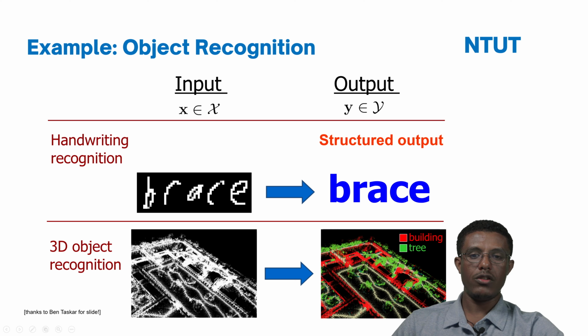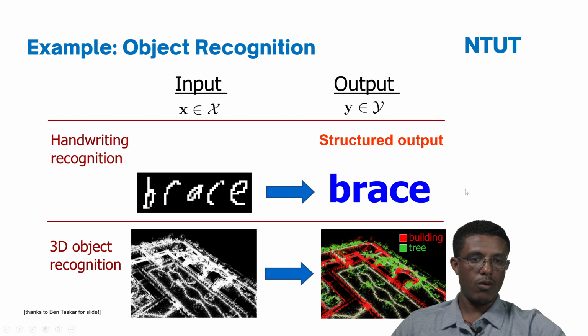For example, this is a satellite image. From this satellite image, we can classify which one is a building and which one is a tree. The red line indicates the buildings, and the green indicates the trees. So for object recognition also, we can use classification algorithms.